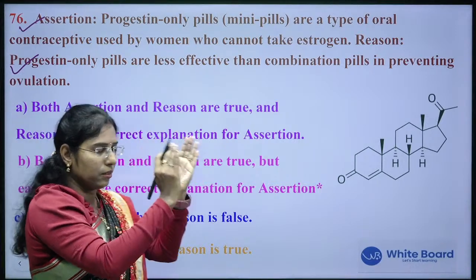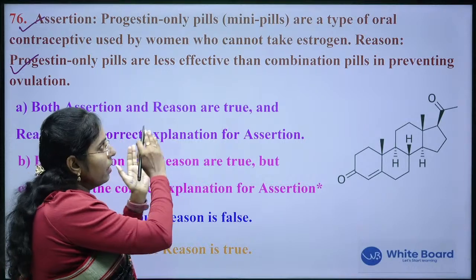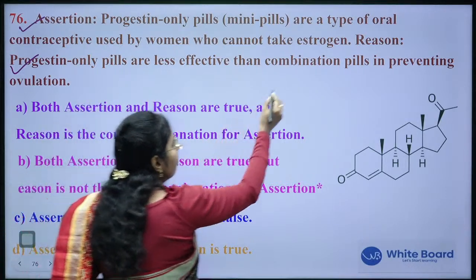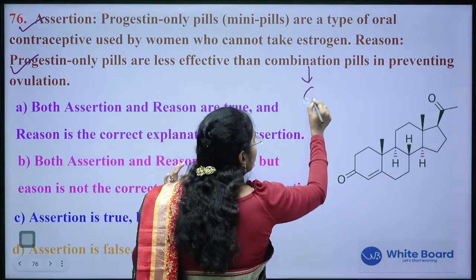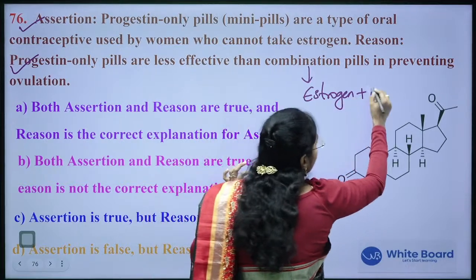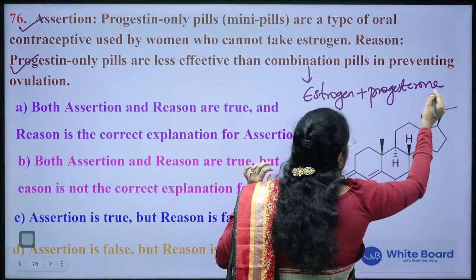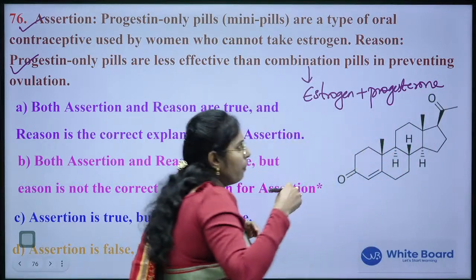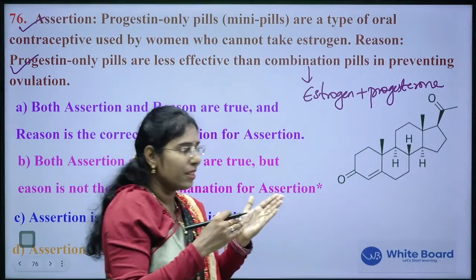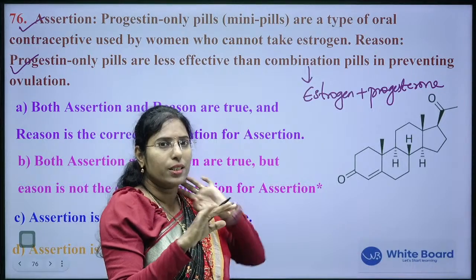In comparison of only progestin pills, that is mini pills, with the combined pills: combined pills consist of estrogen and progesterone. Progesterone will prevent ovulation, whereas estrogen maintains menstrual bleeding, meaning after menstruation it regulates the menstrual flow.